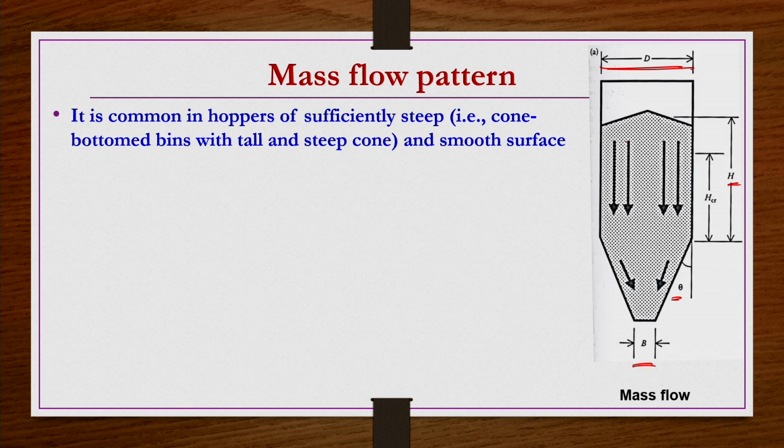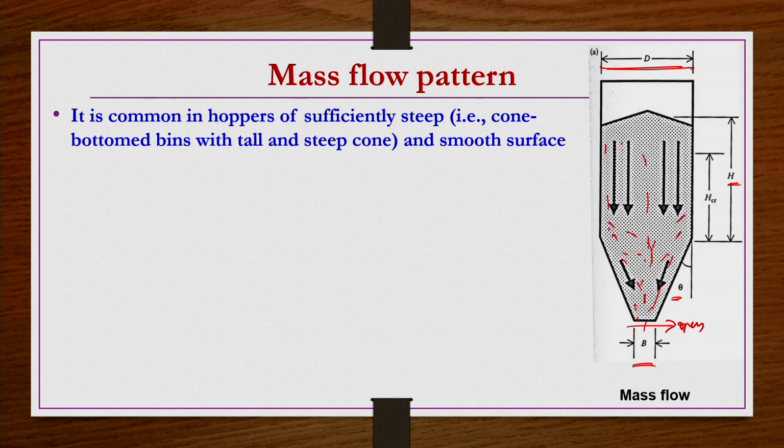In this kind of mass flow bin, we have a mass flow pattern. What happens here? The moment you open the opening here, then what you have? You expect to have all the material smoothly coming out without any problem.